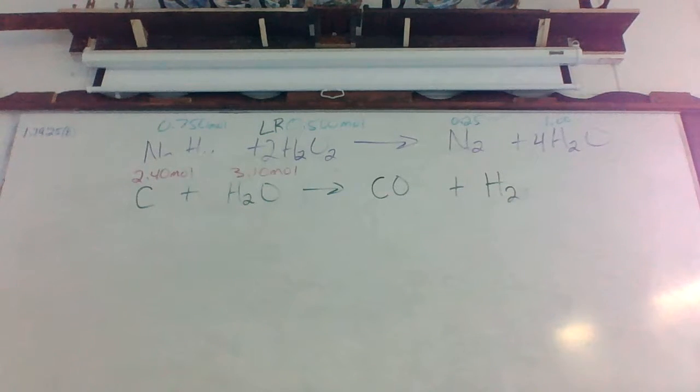It tells you you have 2.4. So rather than having to look back at the problem every time, if you write it above there, you can think of it as currency. You have $2.40 of carbon and $3.10 of steam or water. And it tells you what's the limiting reactant between those two.